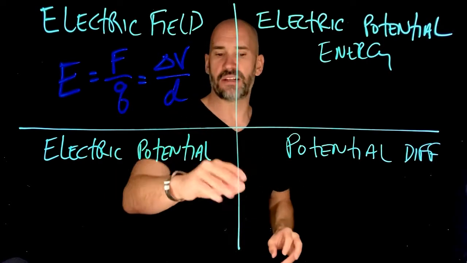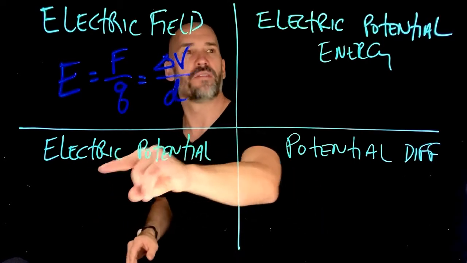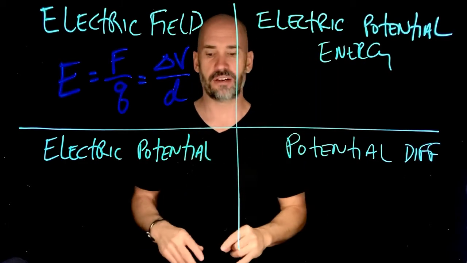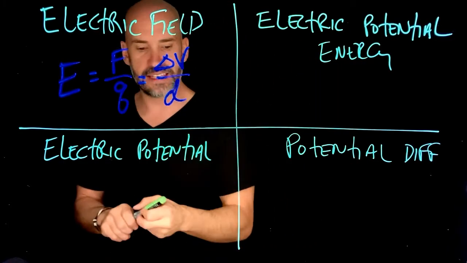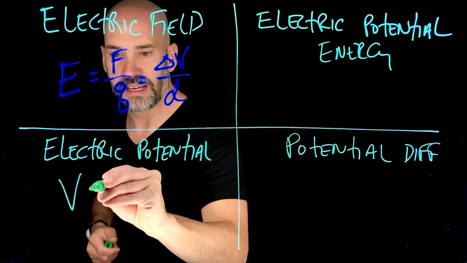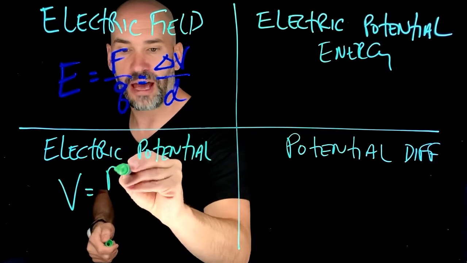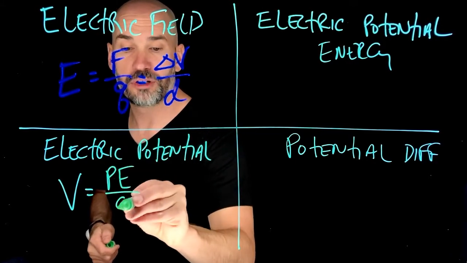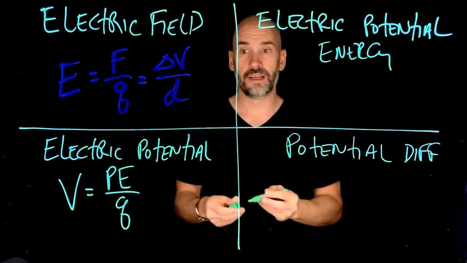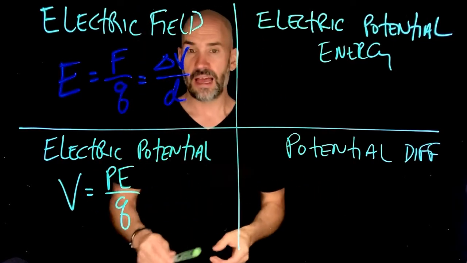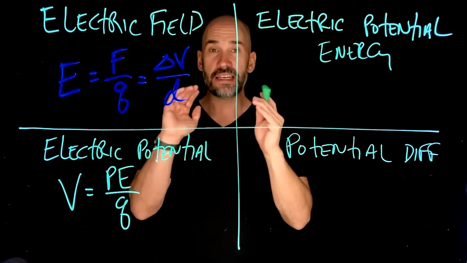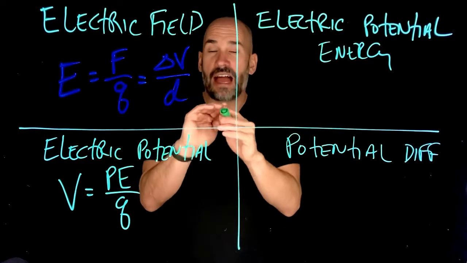What is electric potential? Well, electric potential is a way of simplifying the electric potential energy. It says that the electric potential is how much potential energy you have per unit charge, or per coulomb, inside that field, right? How much potential energy each coulomb of charge actually experiences.